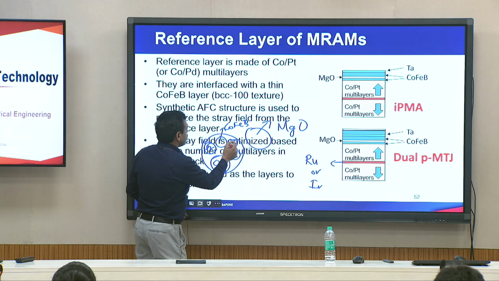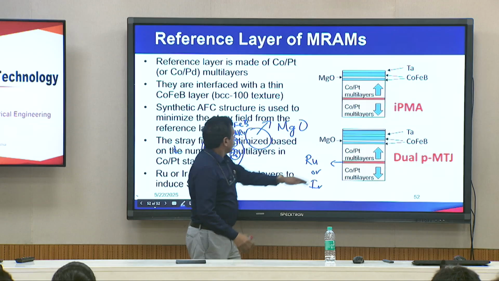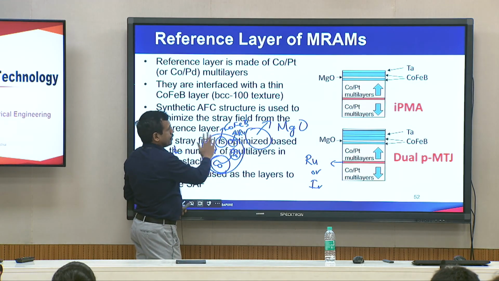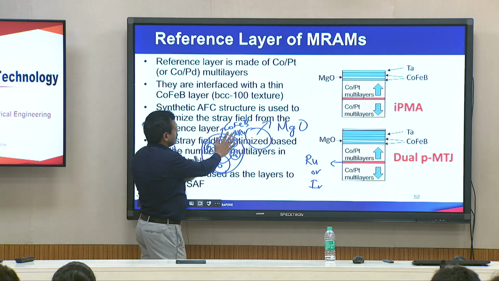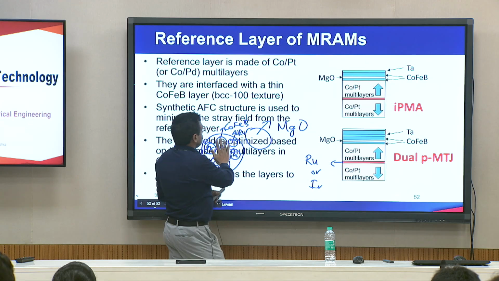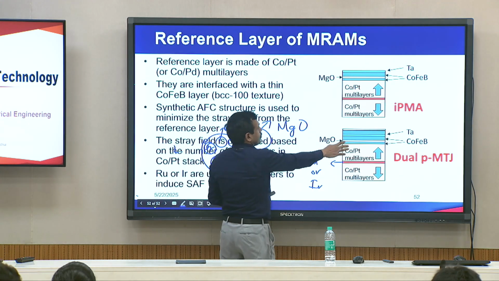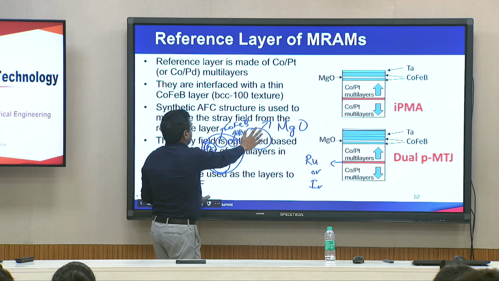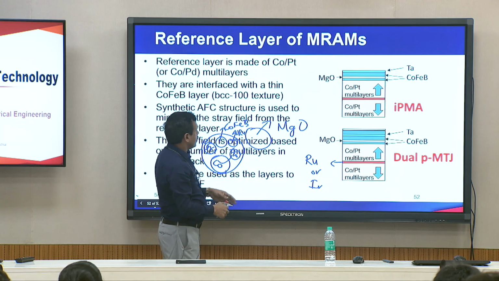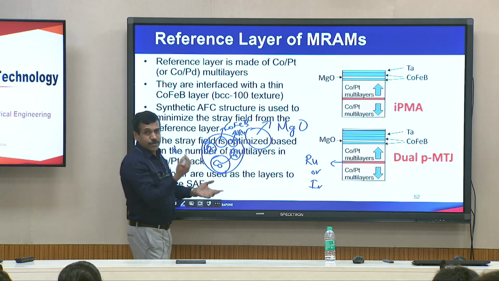And let's say we have ruthenium here. When you want to deposit ruthenium, the wafer will move here, ruthenium will be deposited, and so on. After everything until here is deposited, the wafer will move to the magnesium oxide chamber. Magnesium oxide will get deposited, then it will come back, then the remaining layers will be deposited. So there will be 2 or 3 chambers, to answer your question.